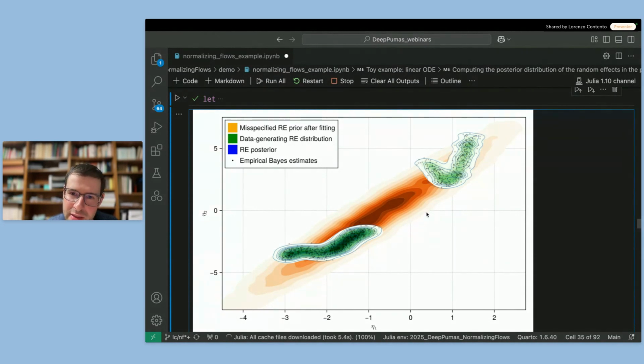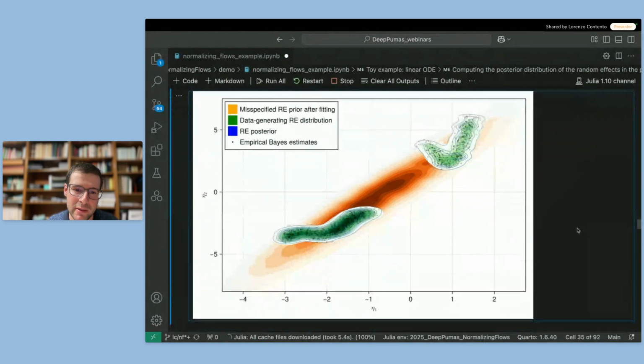In this case, since we have many subjects, even trying to approximate the random effects distribution using the empirical Bayes estimates, which are the dots plotted here, would probably result in a good approximation, because you can see they cover the green distribution very well since they are so many. But in general, when we have fewer subjects, these points will be sparser and the posterior will approximate the true distribution much better.